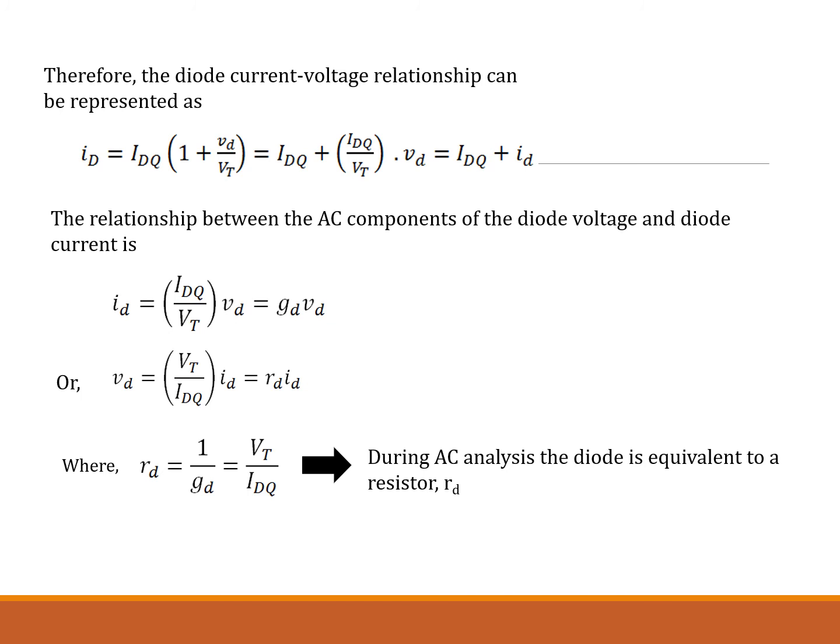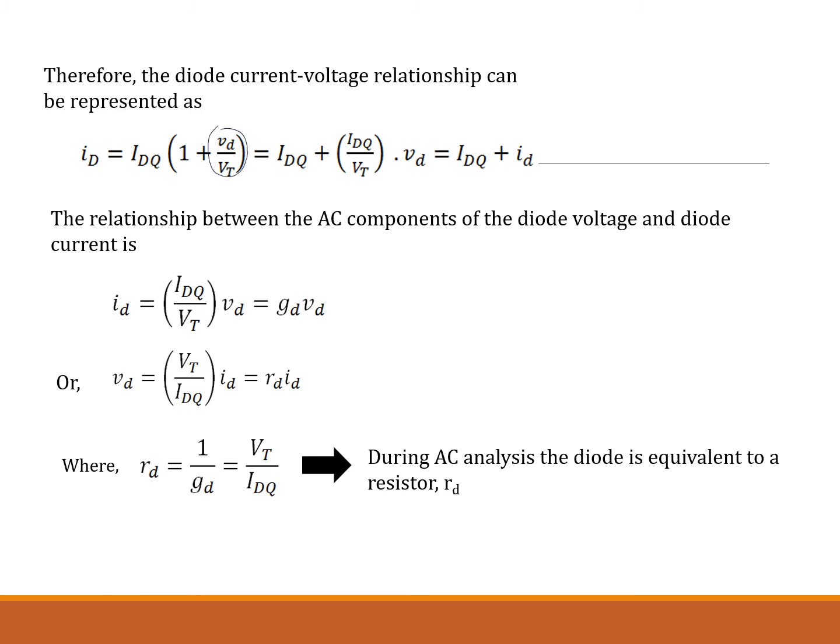Therefore, the diode current voltage relationship can be represented with a term that has the DC component and the AC component as well.